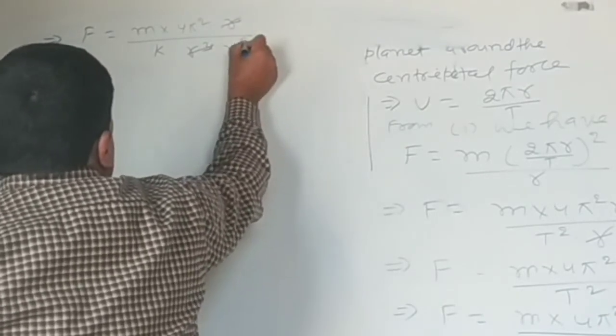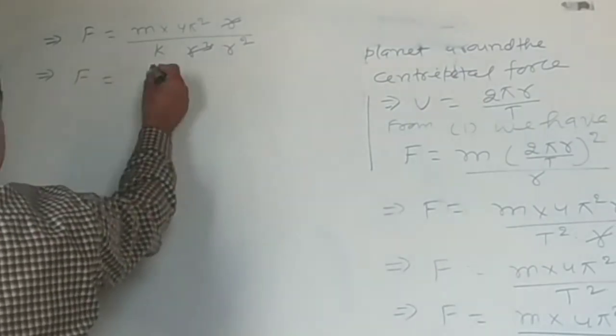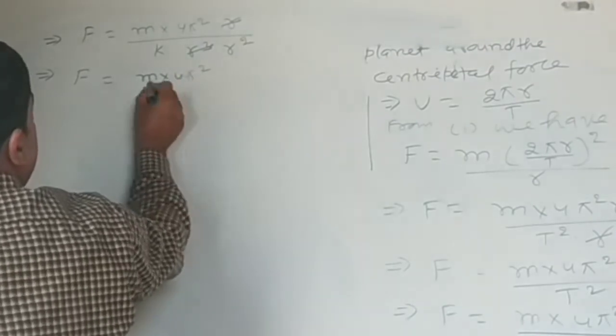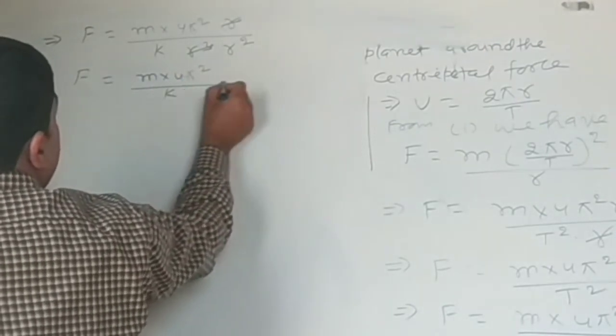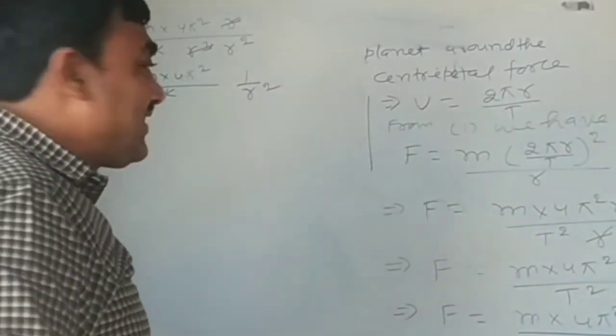It will become r square. This equation is also written as m into 4 pi square upon K into 1 by r square.